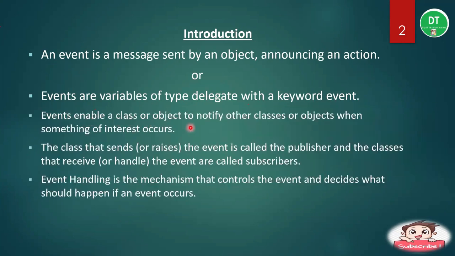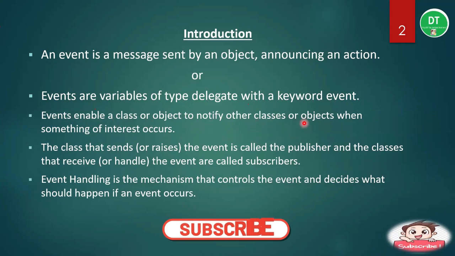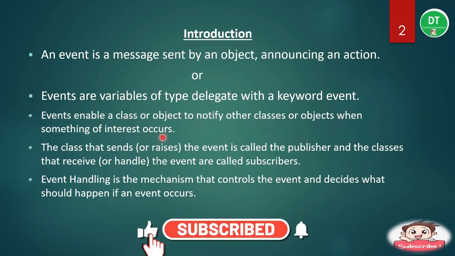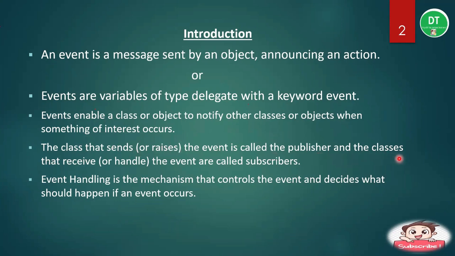Events enable a class or object to notify other classes or objects when something of interest occurs. The class that sends or raises the event is called the publisher, and the classes that receive or handle the event are called subscribers. Event handling is the mechanism that controls the event and decides what should happen if an event occurs.